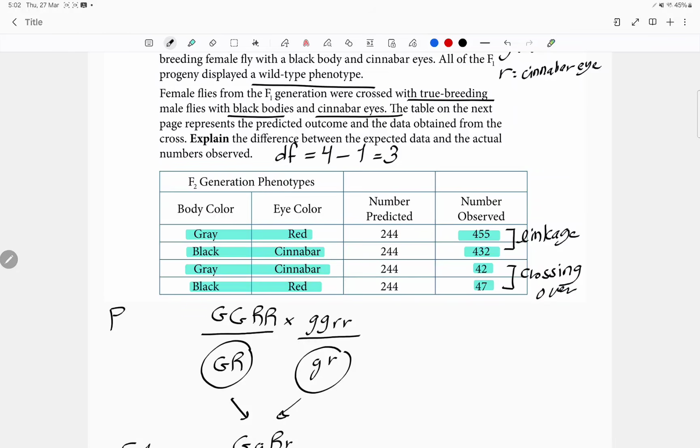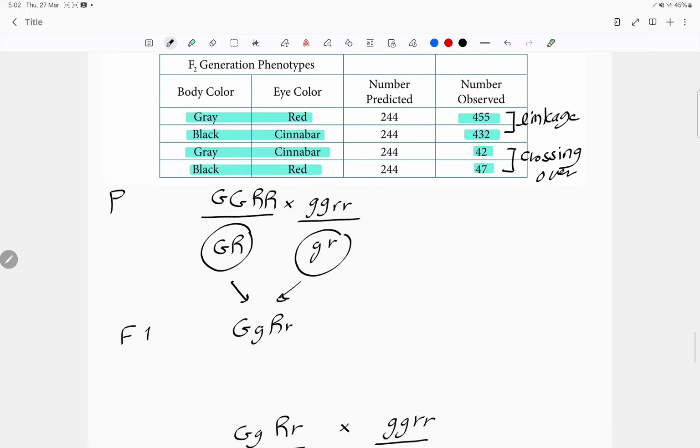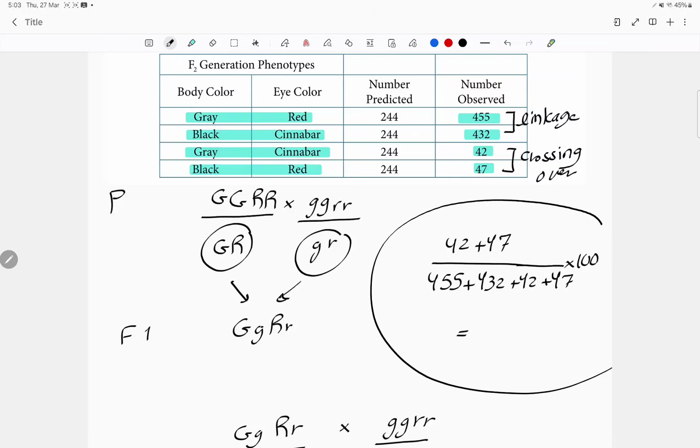And if someone asked you to find the crossover frequency, it's not that hard. Add the crossovers and divide by everything. Let me know how much you get. That's if we're asked to find the crossover frequency. And I got 9.1%. 9.1% crossover frequency.